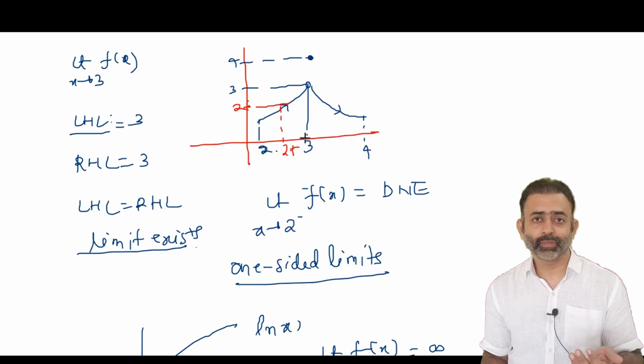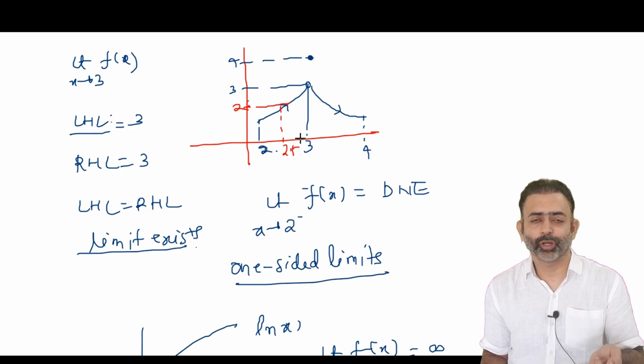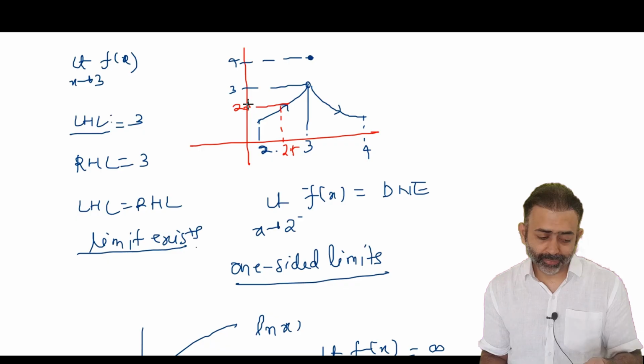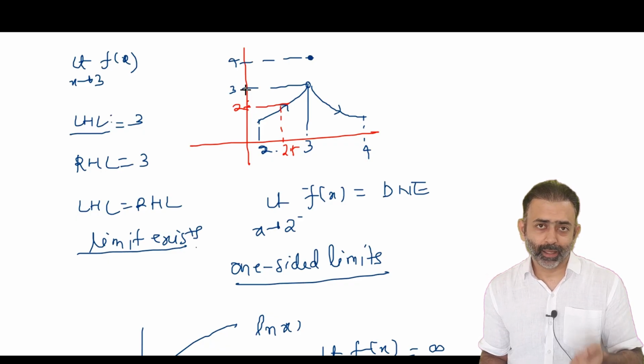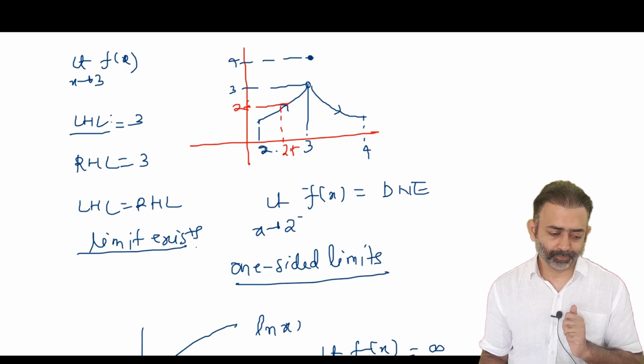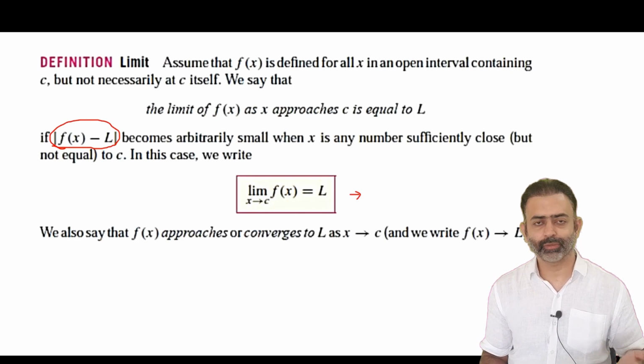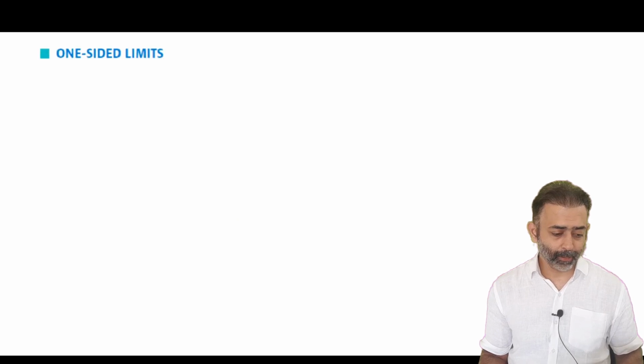I can make this 2.5 even closer, such as 2.9999, so that the difference between the actual value, which is 3 here, and the limiting value is very less. Okay, so this is the formal definition of the limit. You can read it afterwards, but concept wise I have explained it.